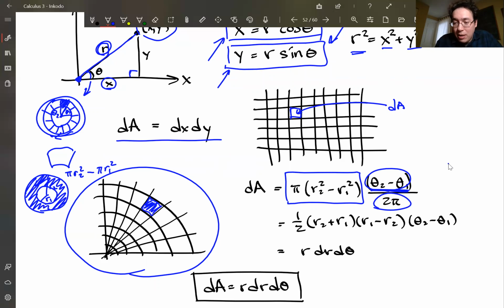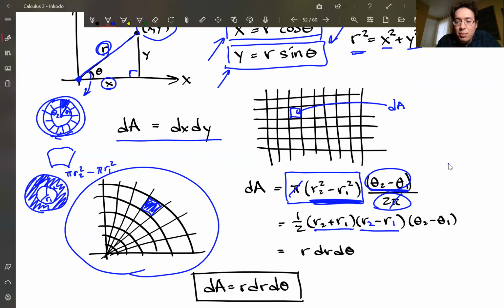Let's simplify this a little bit. R2 squared minus r1 squared is a difference of squares, so you can factor it into r2 plus r1 times r2 minus r1. R2 is bigger in this context. The pi cancels because there's a pi on the top and a pi in the denominator.